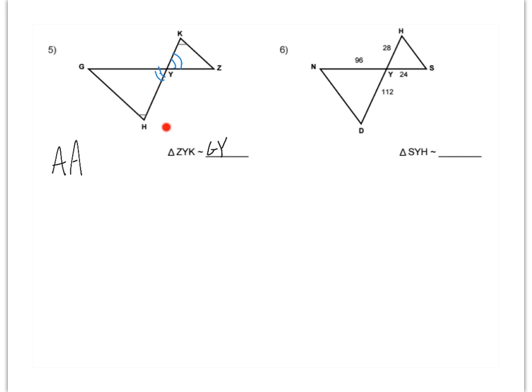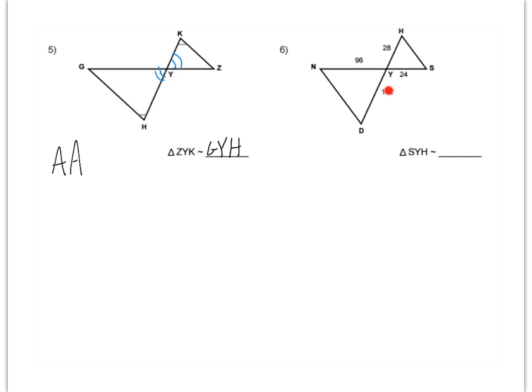The only one that's left is H. It's the one I haven't used, so it has to be last. And again, just checking that it's corresponding there. I've got K. K's got 1 mark. H has 1 mark. So they're in the same order. That's something that is important to check on your similarity statements.